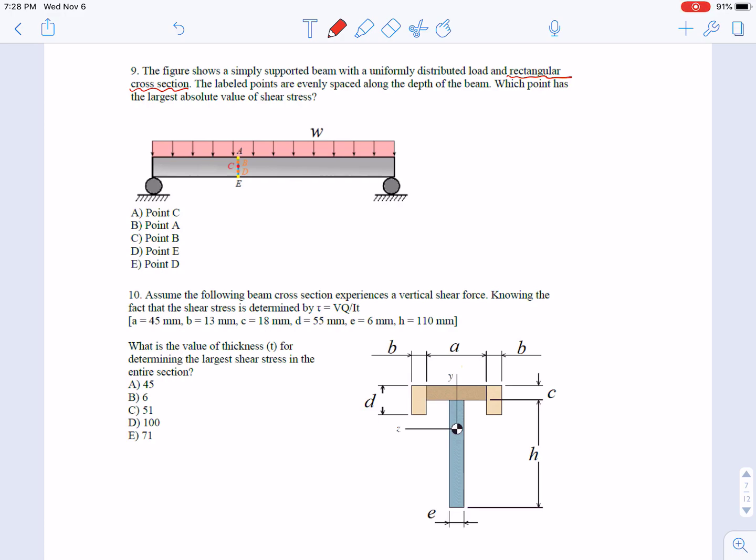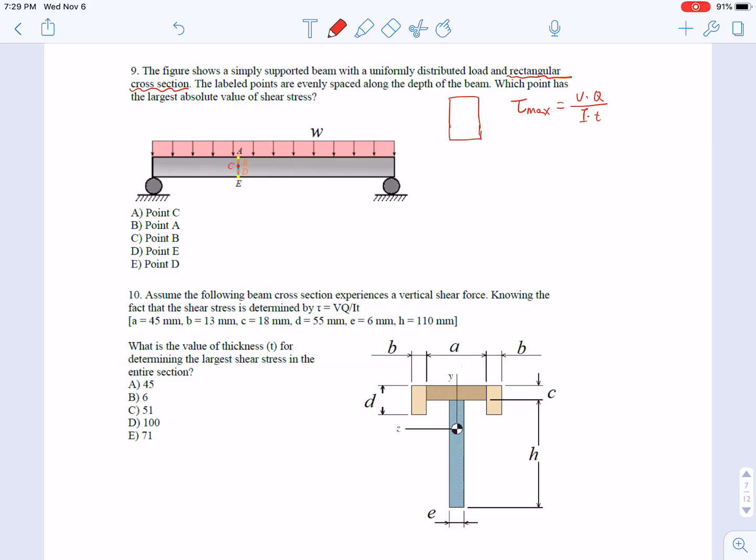Since this is a rectangular cross-section, this is a simple cross-section, right? So the maximum shear stress will just appear where you have the largest Q, since t is a constant, right? And this equals VQ over It. V is constant, I is constant, t is constant.